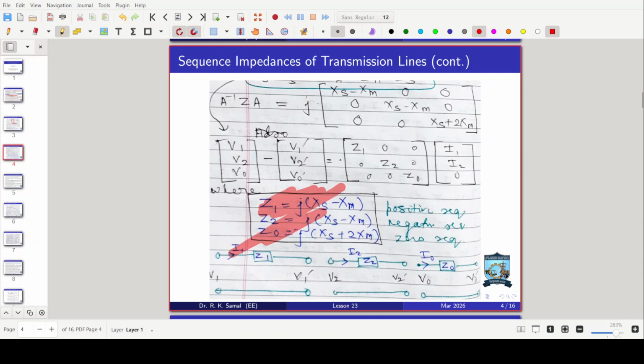As we saw in the very first slide, the positive and negative sequence impedances of the line are identical, jXS minus XM, jXS minus XM, whereas the zero sequence impedance is jXS plus 2XM. What are XS and XM? XS is the self reactance, and XM is the mutual reactance.